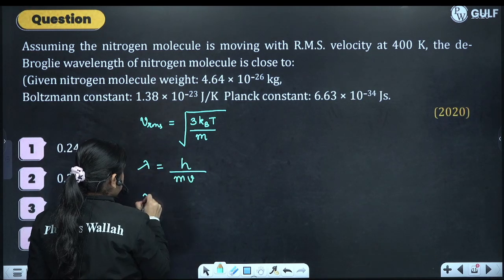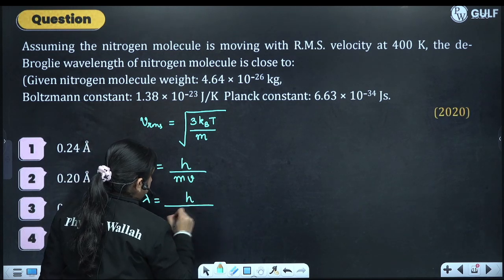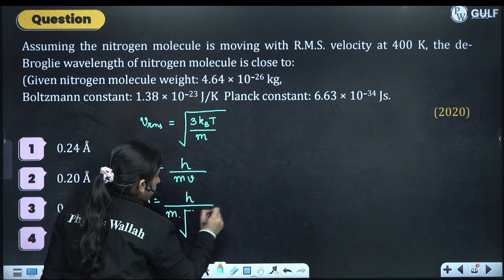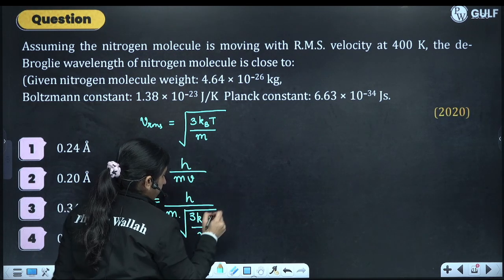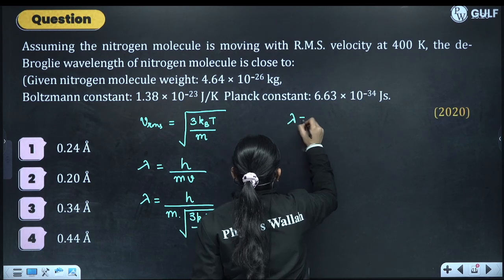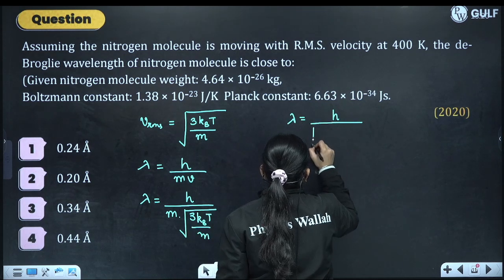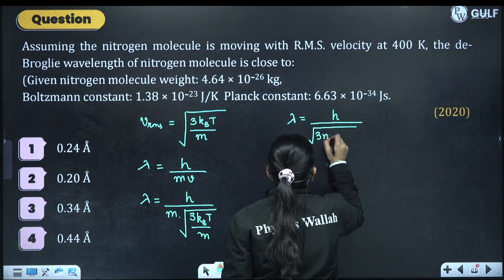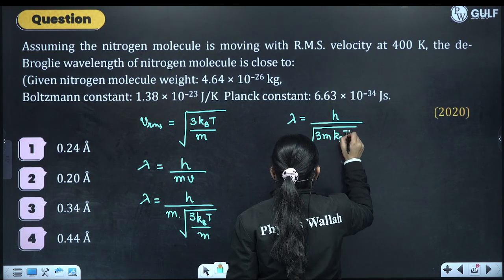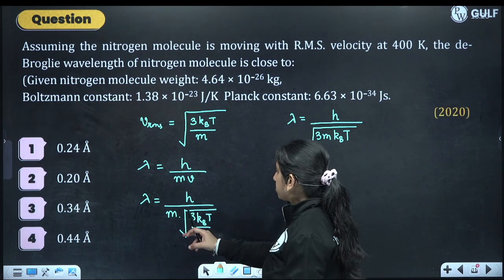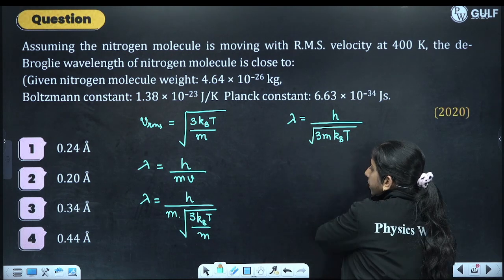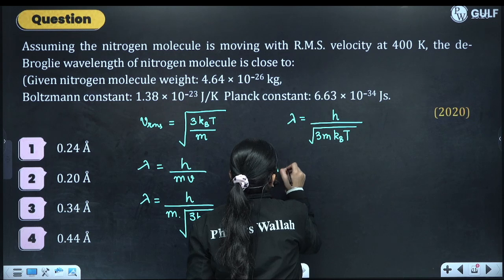On substituting this, we will get h by m into under root of 3 kBT by m. So lambda comes out as h by under root of 3m into kBT. Now substitute all the values.